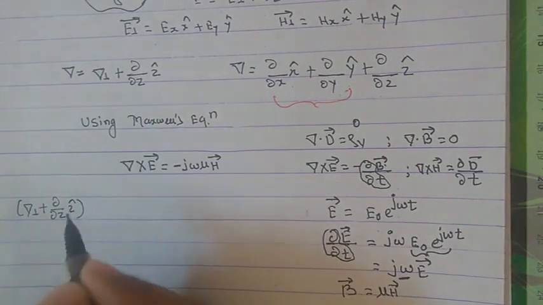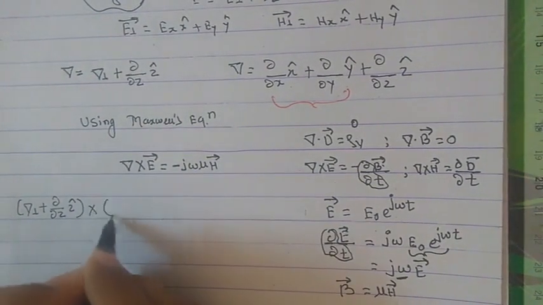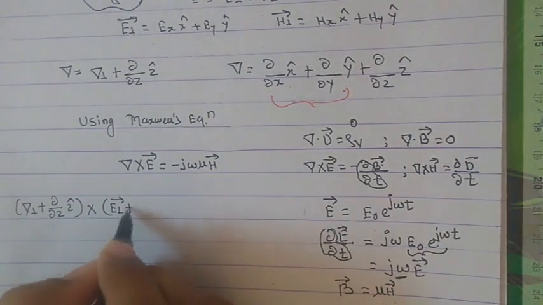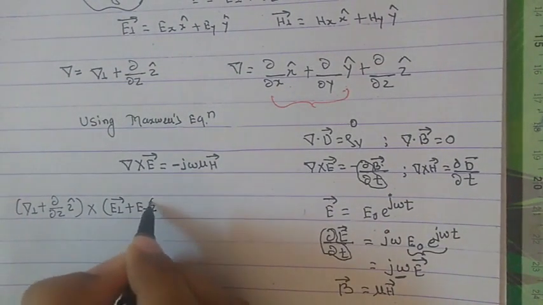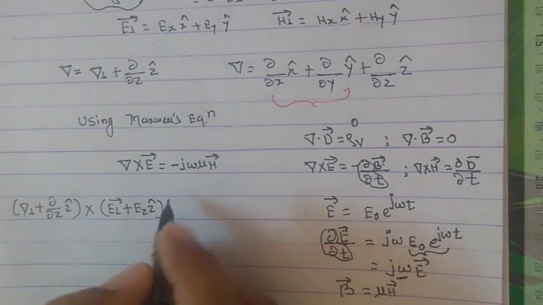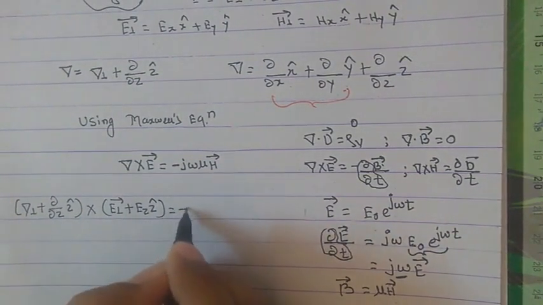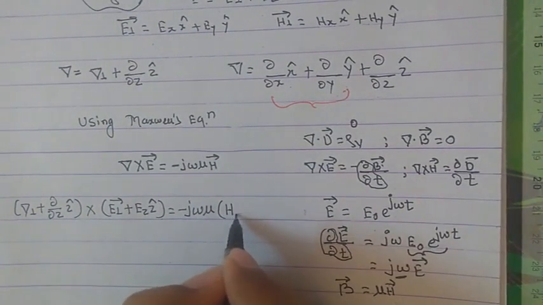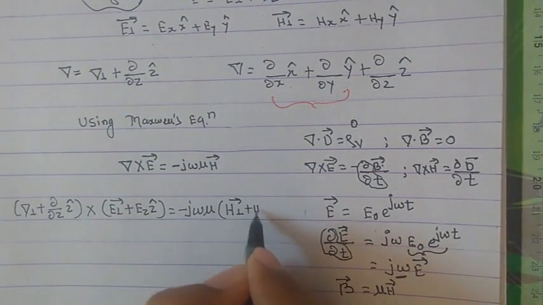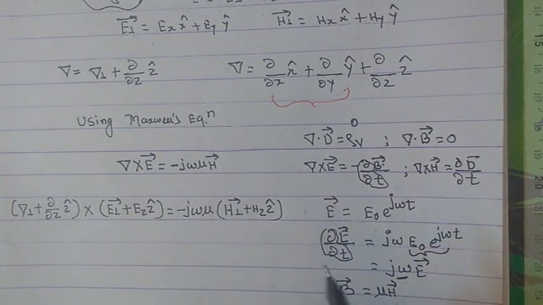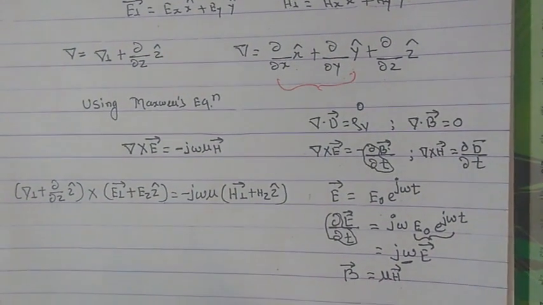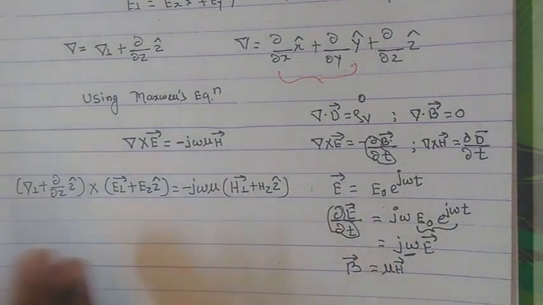This is del cross E is equal to minus j omega mu H. Now just open the brackets and solve.